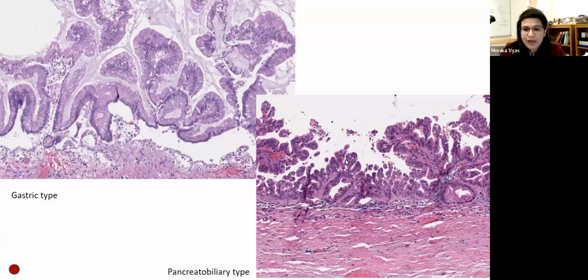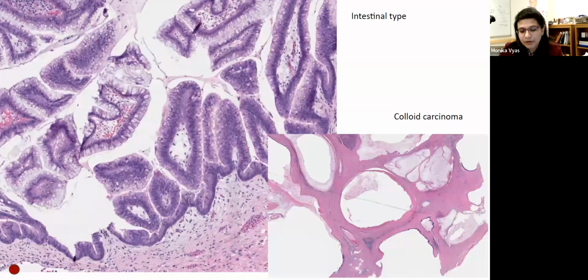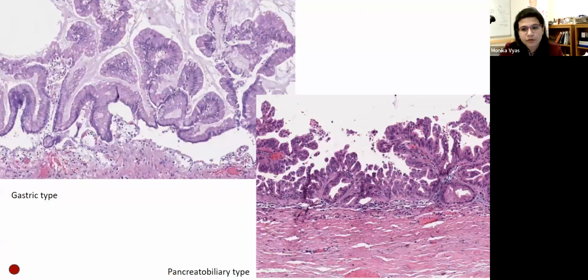This is an example of a pancreaticobiliary type IPMN with high-grade dysplasia. Again, pancreaticobiliary type IPMNs can also have invasive carcinomas, actually a very high chance of invasive carcinoma associated with them, and again the morphology would be tubular type or conventional ductal adenocarcinoma type in these cases.